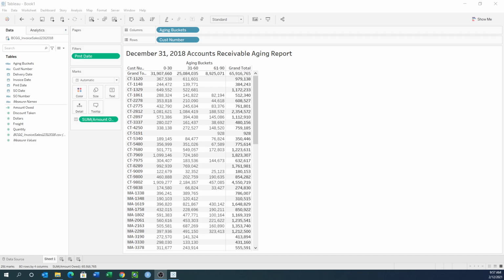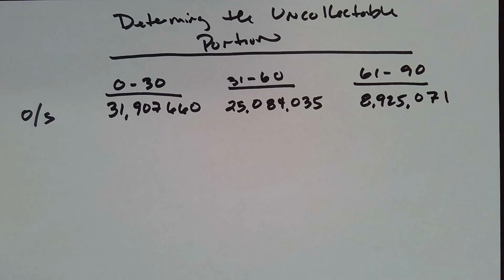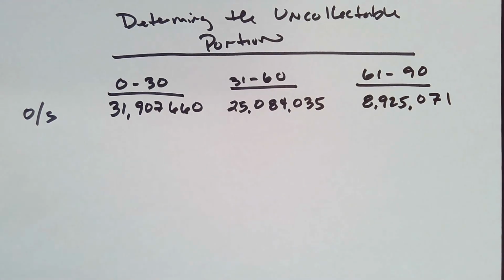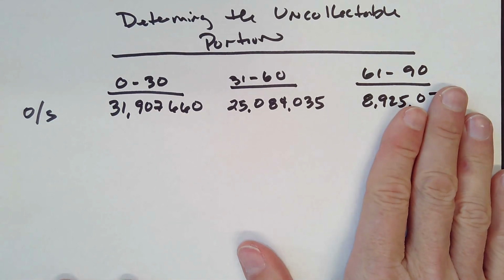In the 31 to 60, I have 25,084,035. And in the 61 to 90, I have 8,925,071. So those are my outstandings. All I've done is write them right here. And we have nothing in the greater than 90.